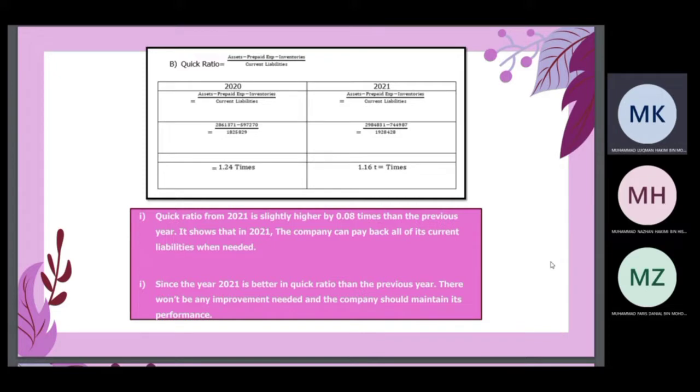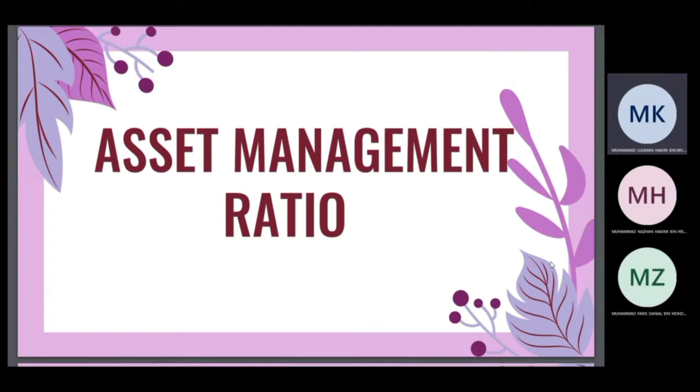That means the quick ratio in 2021 is slightly lower by 0.08 times than the previous year. It shows that in 2021, the company can pay back all of its current liability when needed. For the second point, since the quick ratio remains good, there will not be any improvement needed and the company should maintain its performance. Okay, I will pass to Nazahan Hakimi.